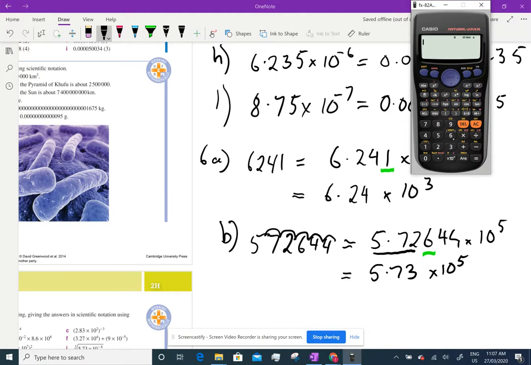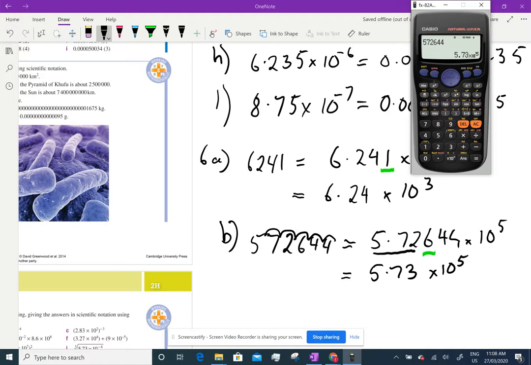Watch this. 6, 2, 4, 1 equals exactly what we got. 5, 7, 2, 6, 4, 4. Exactly what we got. Use your calculator for scientific notation, conversions, and significant figures.